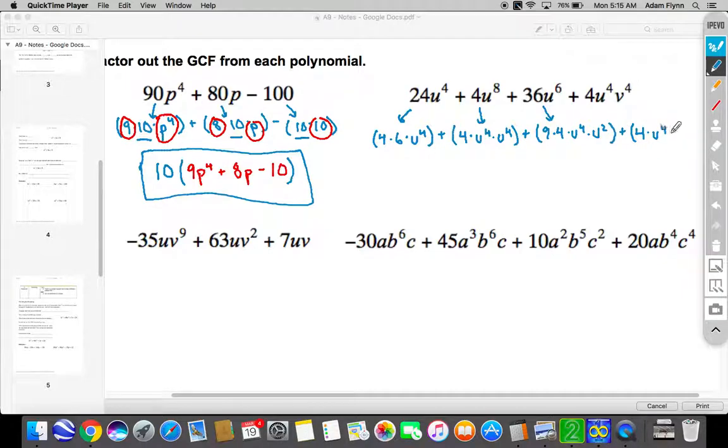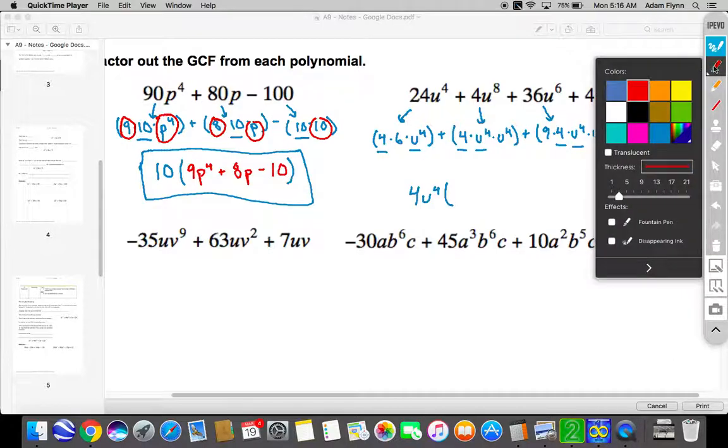And then I've got this v to the fourth. So I'll underline all my common terms. I've got a 4 in all 4 of my terms. And I also have a u to the fourth. So I know my greatest common factor will be 4u to the fourth.